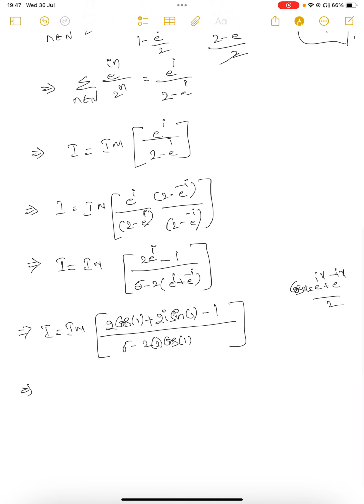So I equals the imaginary part of 2 cos 1 plus 2i sin 1 minus 1 by 5 minus 4 cos 1.